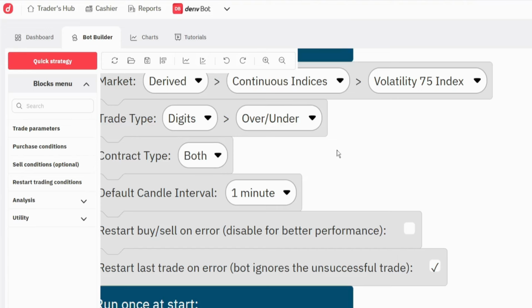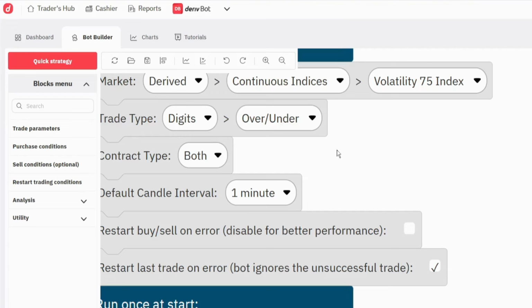So if you do not adhere to the trading principles, you will end up gambling while thinking you're trading. So anyone who has ever said trading is gambling, it is true because they did it in such a manner. So please never use both whenever it comes to bots. Only use over or under, but never use both. Okay, I hope that is clear for everyone.